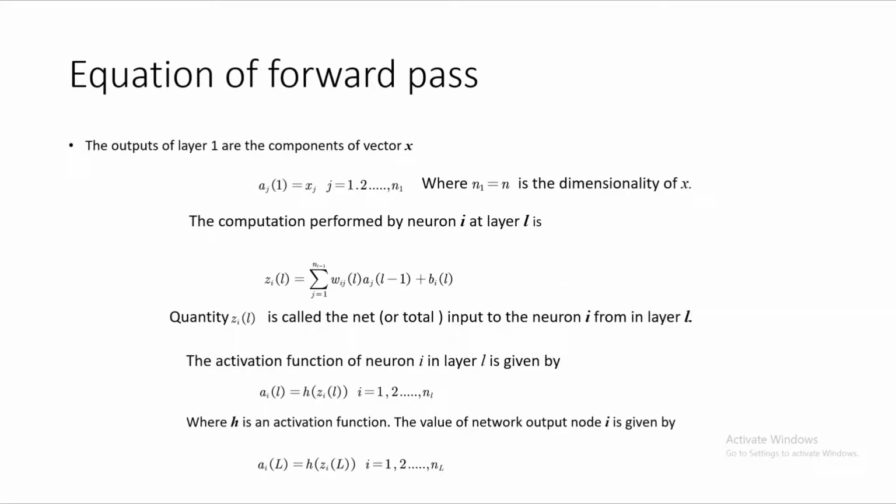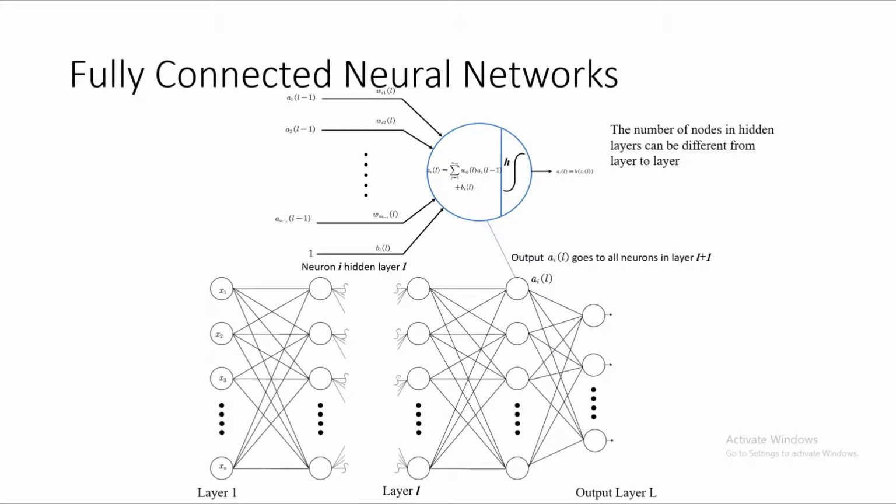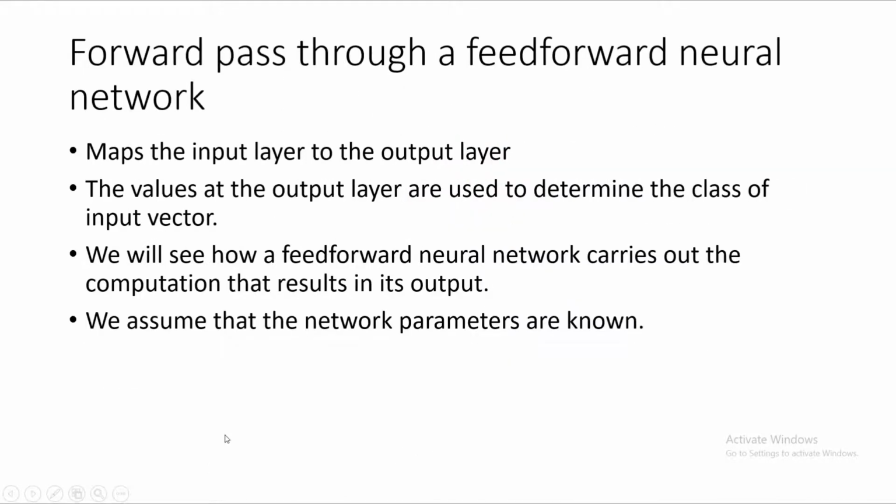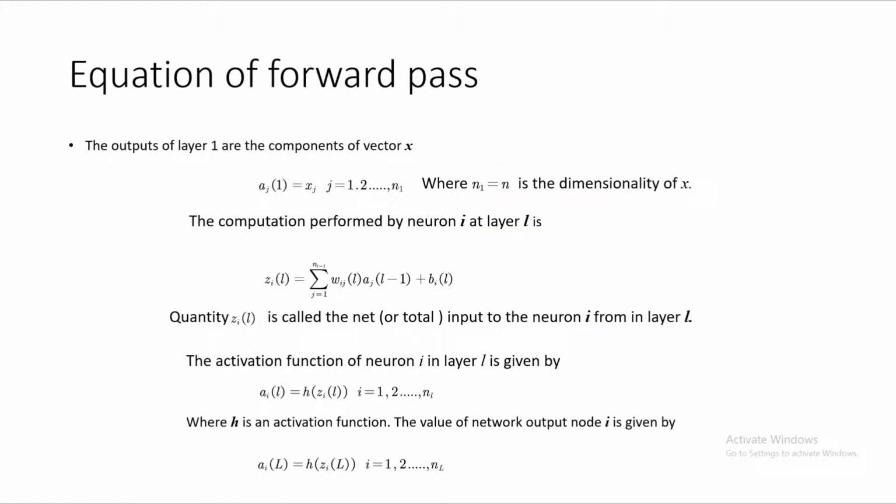Before we compute, we can see here in our network, the outputs of layer 1 are the components of the vector x. In layer 1, the components of this layer are the input vector, and it will be the output of this layer.